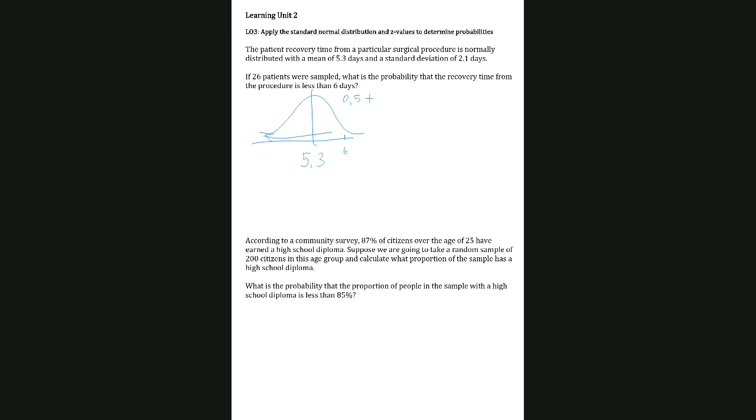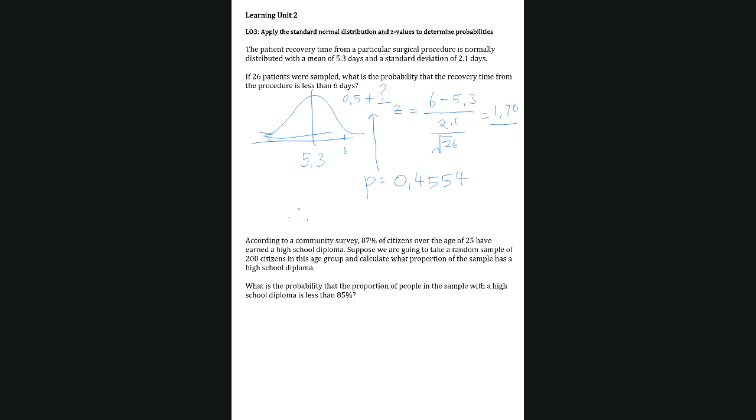We calculated Z saying 6 minus 5.3 over 2.1 over the root of 26. We had an answer of 1.7, which we took to Table 1 of your appendix, and we gathered that the probability was 0.4554. Now we're going to take this value, and remember we said that is going to be what we add to the 0.5.